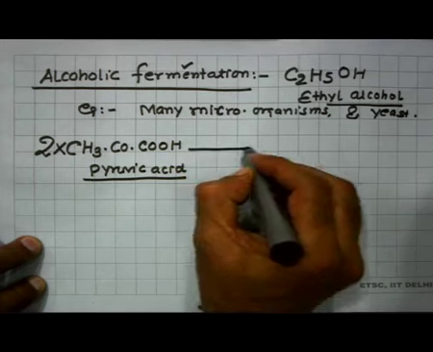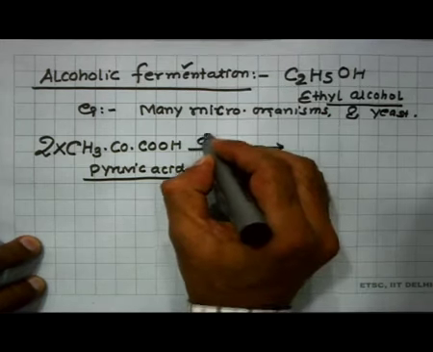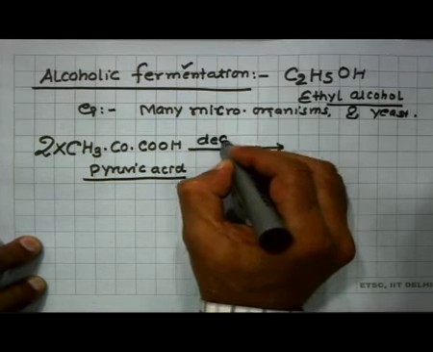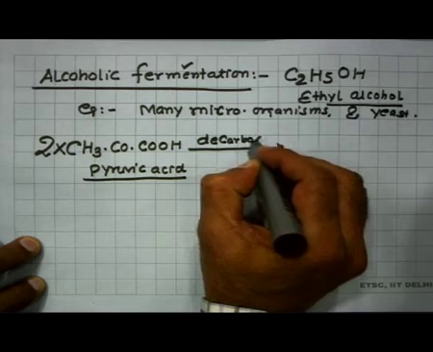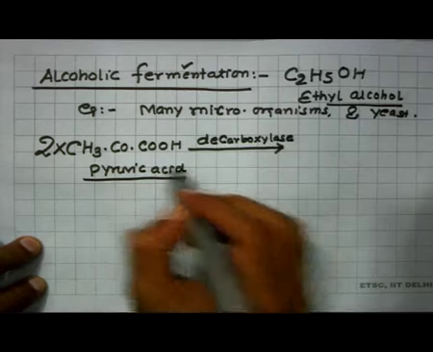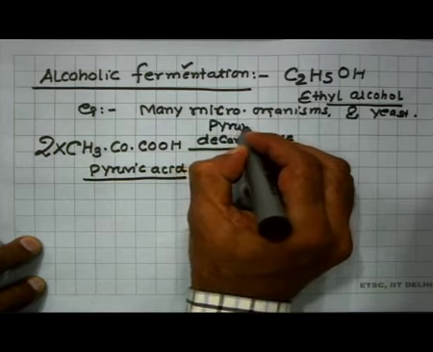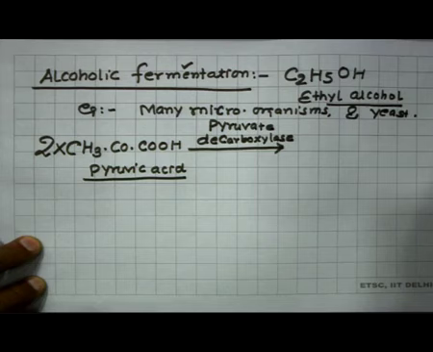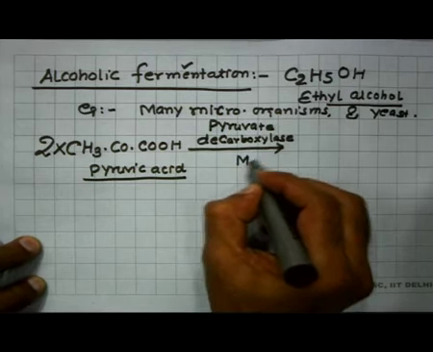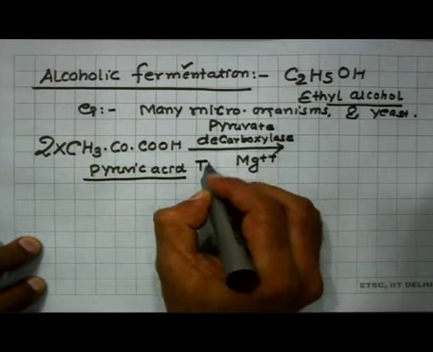It undergoes decarboxylation. So, the enzyme used is called decarboxylase. Here the substrate is pyruvic acid, so we can say pyruvate decarboxylase. It needs activators like Mg++ and TPP.